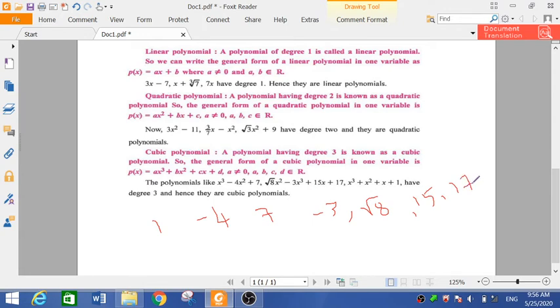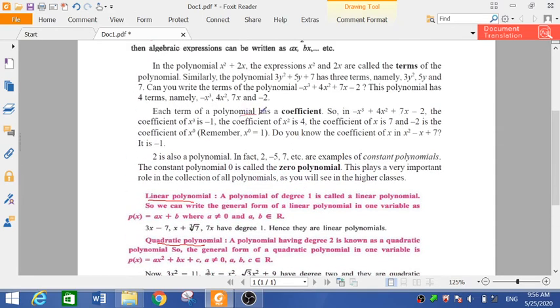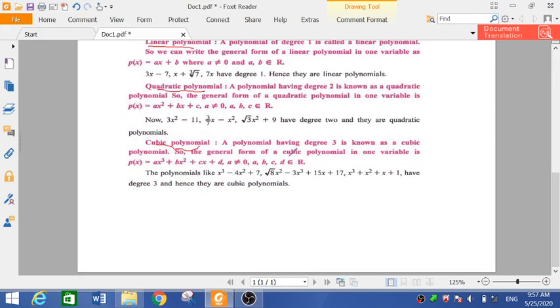So these types of questions are asked in your exercise 2.1. Anyhow you have to complete exercise 2.1. In it you have to identify the type, that is linear, quadratic or cubic polynomial. You have to identify the coefficient of each term, and the degree of the polynomial.